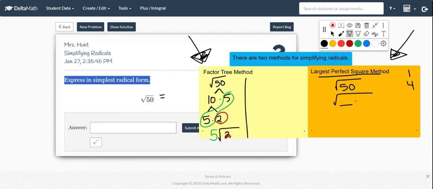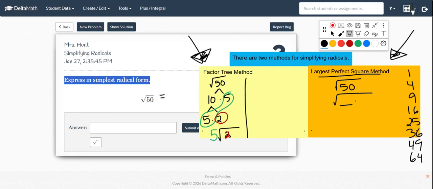I'm going to list perfect squares: 1, 4, 9, 16, 25, 36, 49, 64. I should have stopped my list at 25 because there's no way that I can break 50 down into anything that's bigger than half of it. Half of 50 is 25, so it's got to be one of these perfect squares.